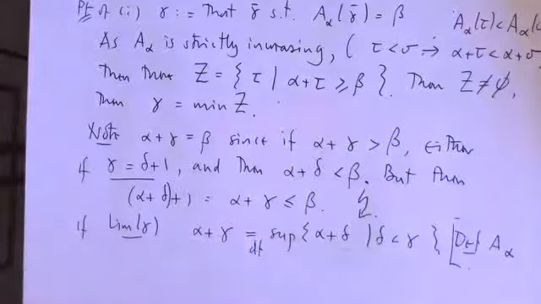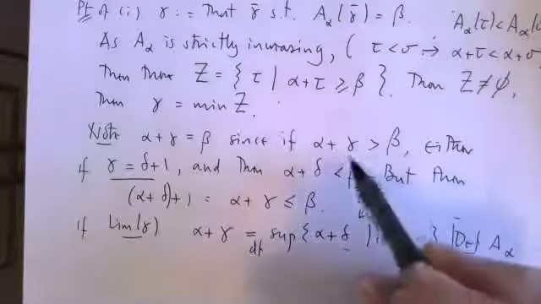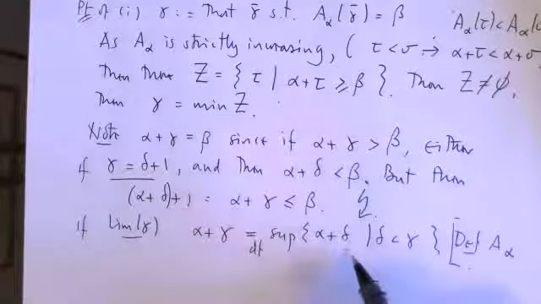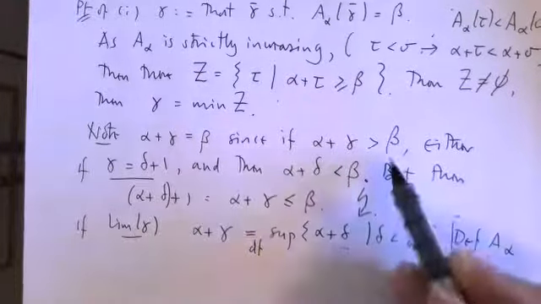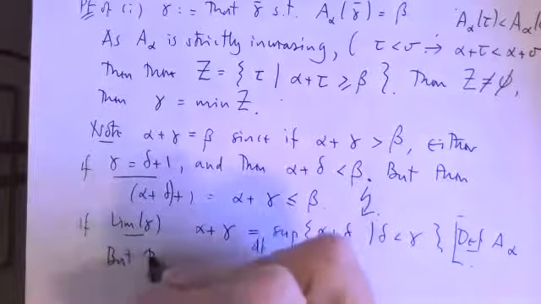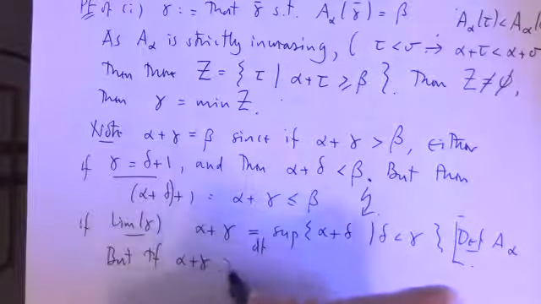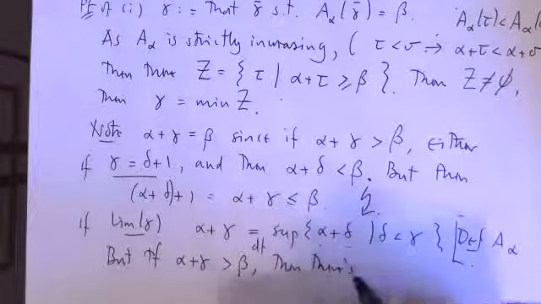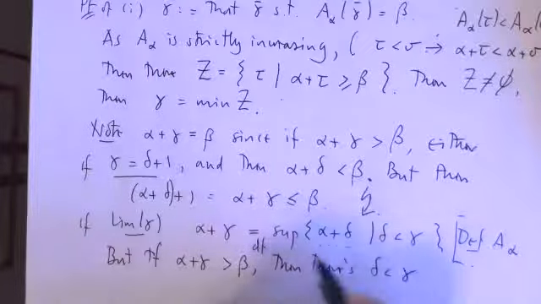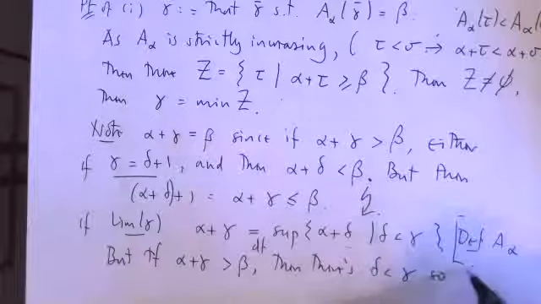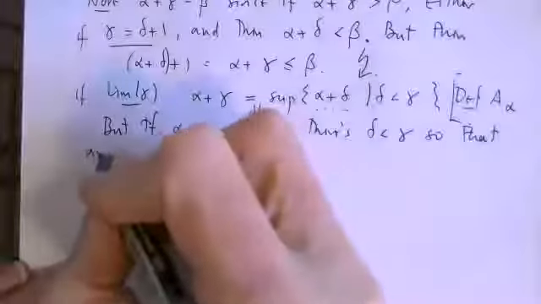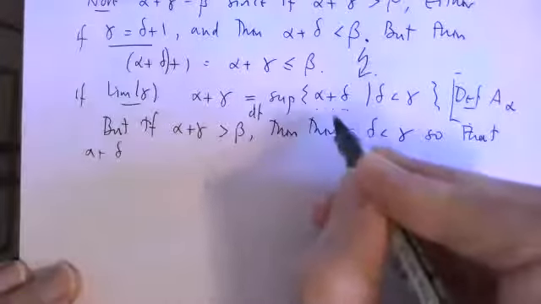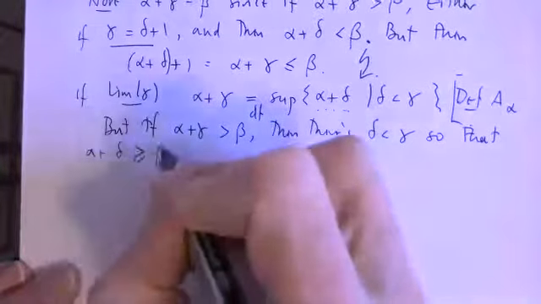So if alpha plus gamma is bigger than beta, then there's delta less than gamma so that alpha plus delta in this set is greater than or equal to beta.